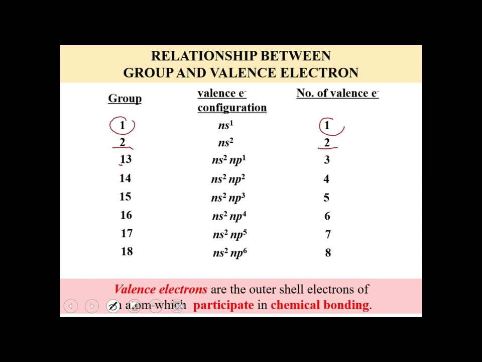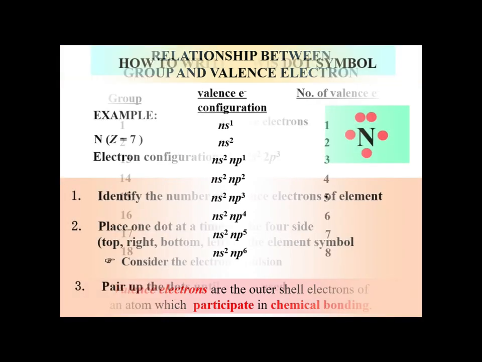So if you have an atom or element in group 13, you just take the last number. So it will be 3 valence electrons. If you have an element from group 14, it means 4 valence electrons, and so on.